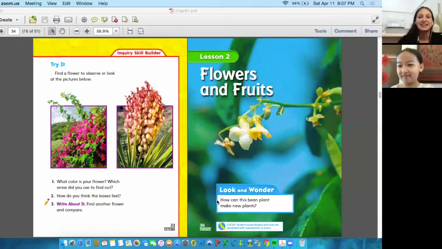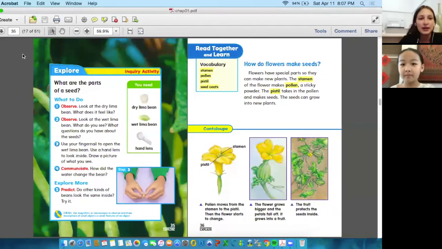All right. While we're reading, let's think about this question here, to see if we can answer it after. Okay. This is like a little hands-on activity. But wait, is that observe? This one says explore.